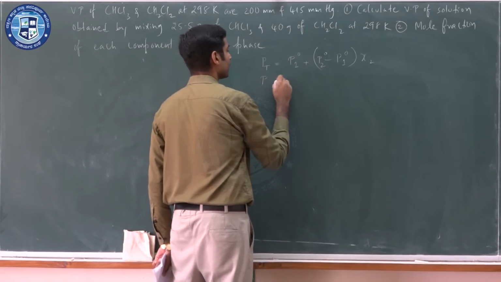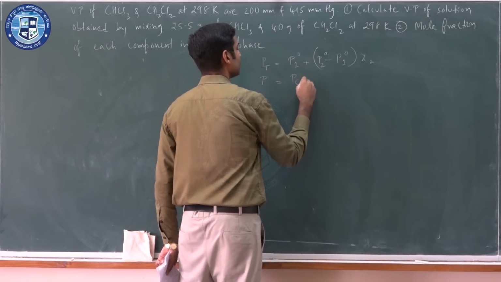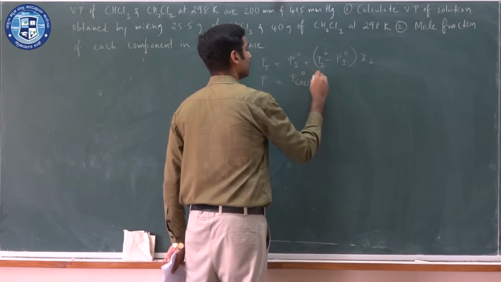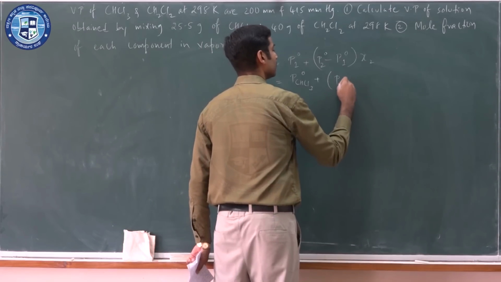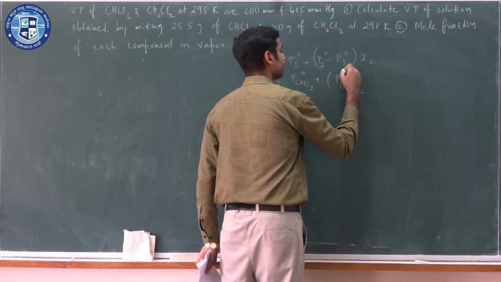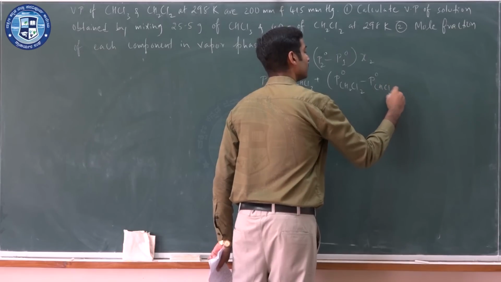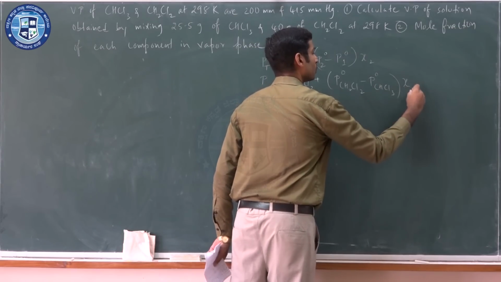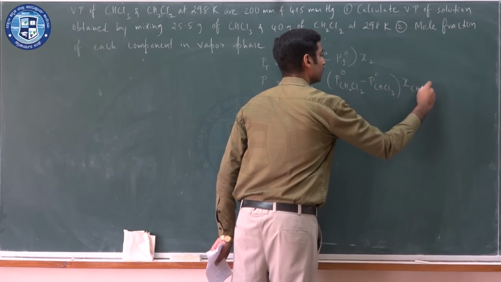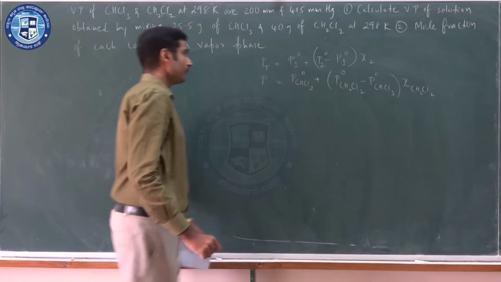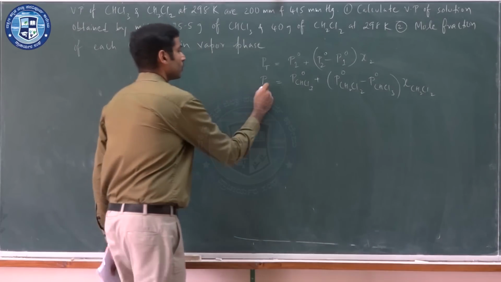Then P total can be given as the vapor pressure of pure chloroform plus, this will be dichloromethane, minus P0 of chloroform, into the mole fraction of dichloromethane. This is unknown.